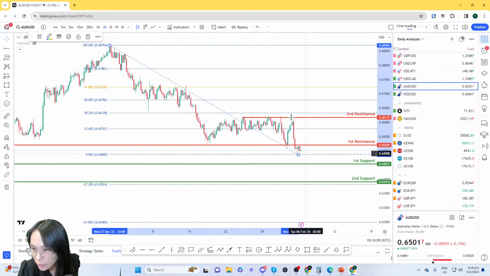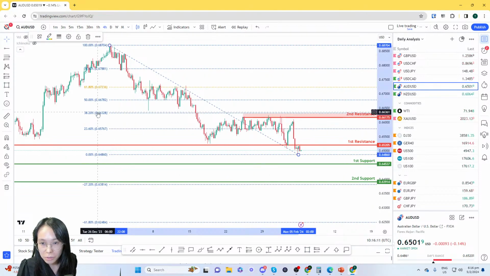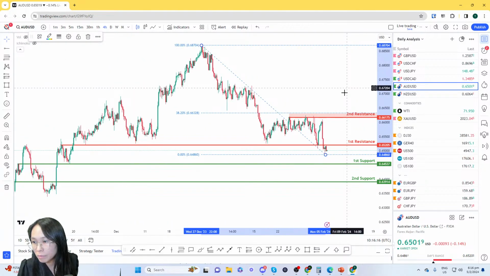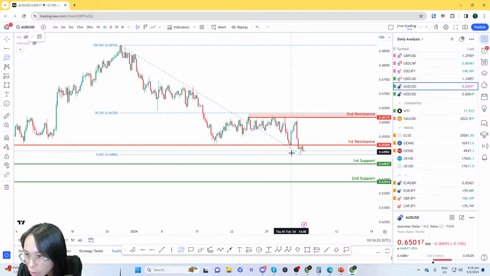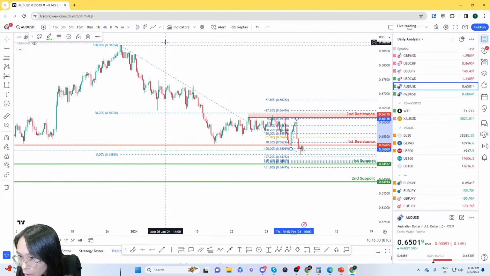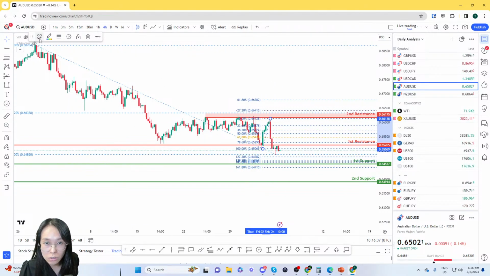I'm gonna color this. Okay, so here you go. 38. And I could also draw a small little... Price is going down, so I could use the 161.